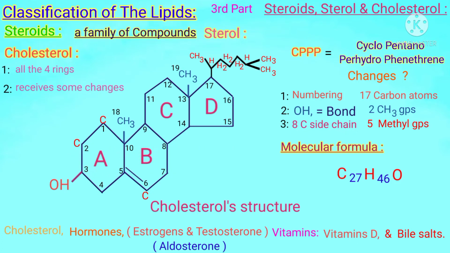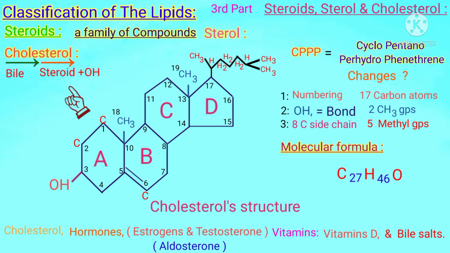Dear students, there is a question: why do we call cholesterol cholesterol? The answer is that this word is made up of two words, chole and sterol. Chole is taken from the bile, but sterol, as we know, is a steroid that has a hydroxyl group. Cholesterol was first discovered in the bile, which is present in the gallbladder, a sac-like structure just below the liver.